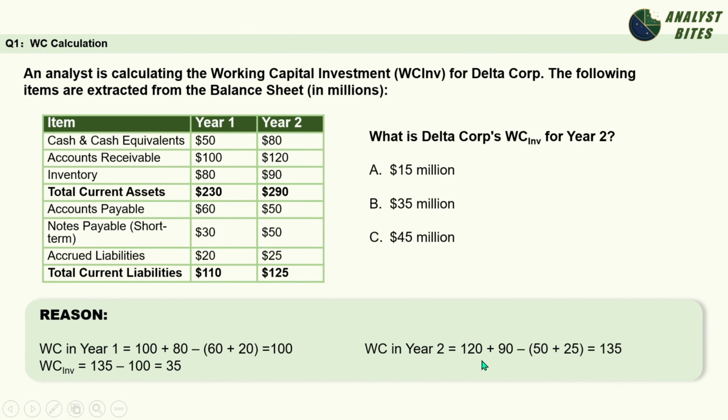By year 2, it grows to 135. The difference, our working capital investment, is 35 million. That leads us straight to choice B. See, once you pass the scanner correctly, the math itself is effortless.